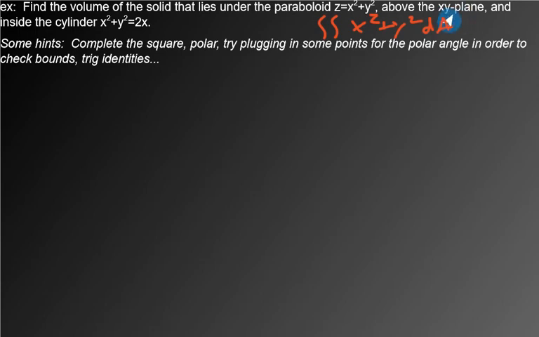We know we're going to be above the xy plane, which is nice, and we're inside this cylinder, and we should probably understand what that looks like and where that cylinder is. So that's where completing the square could be helpful. If you write this as x squared minus 2x plus y squared equals 0, and you complete the square, you're going to have x squared minus 2x plus 1 plus y squared equals 1, right?